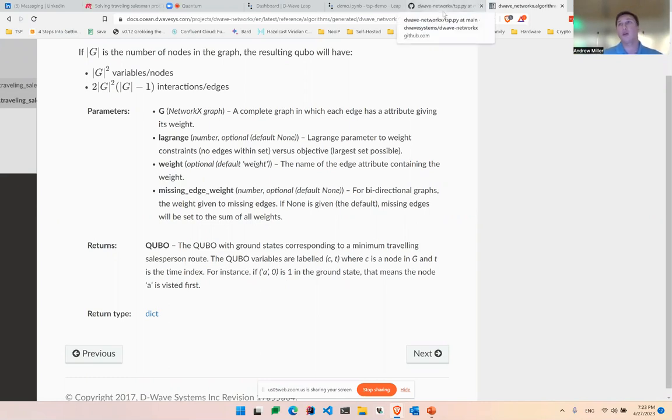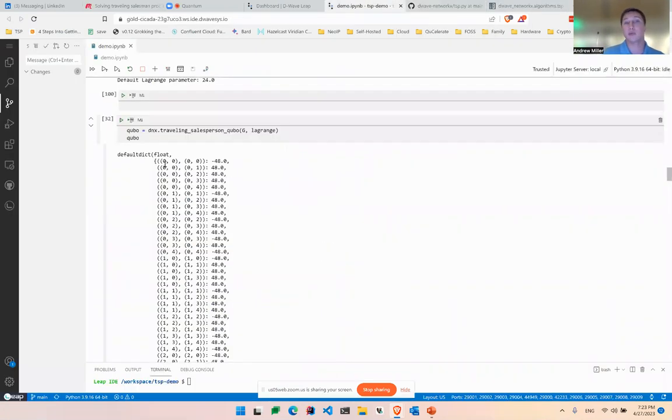But to me, a node is basically like 0 or 1 or 2, right? That's how we labeled CTs. But when you look at this output, it's actually 0, 0 or 0, 1 or 0, 2, and there are pairs of them. So I think they changed the output, but they've not updated the documentation.